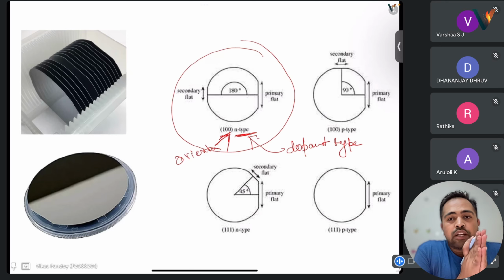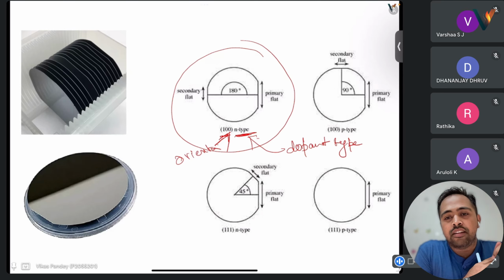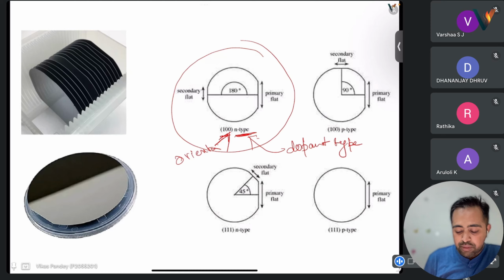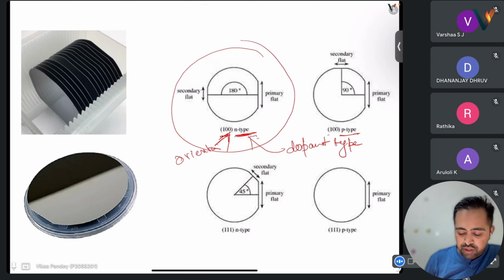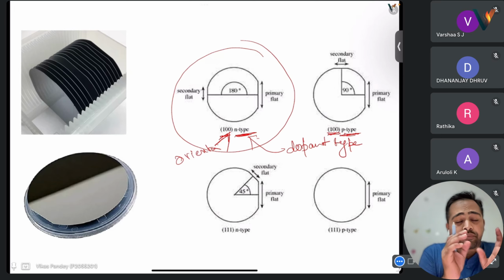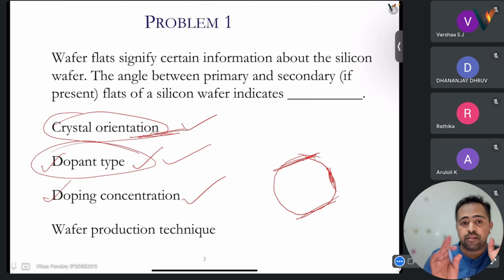Similarly, if we go to the second one, if these flats are at 90-degree angle, then it will be a P type of 100 silicon. Again, here also 100 is the orientation and P type is the dopant type. So crystal orientation and dopant type, these are correct for sure.